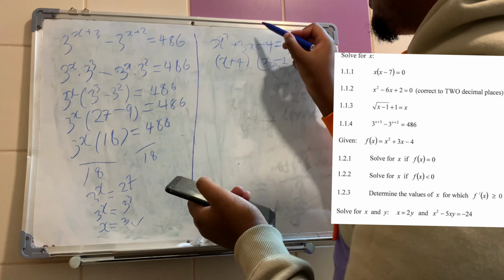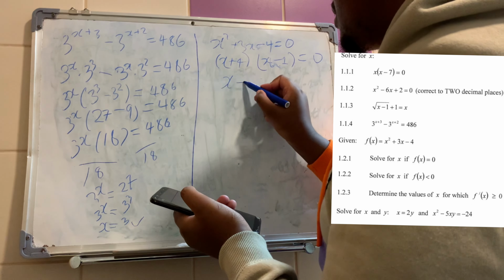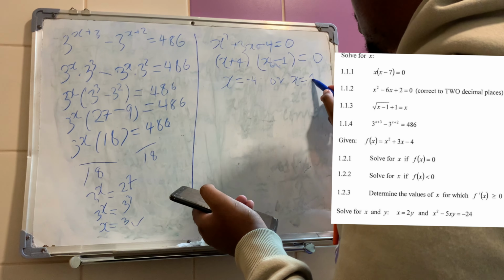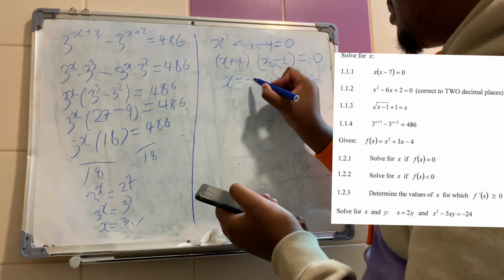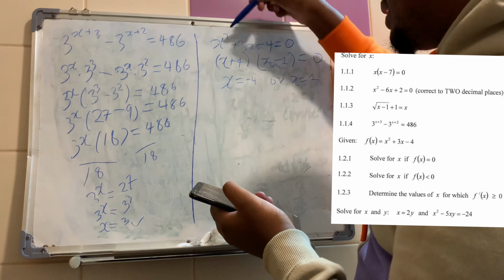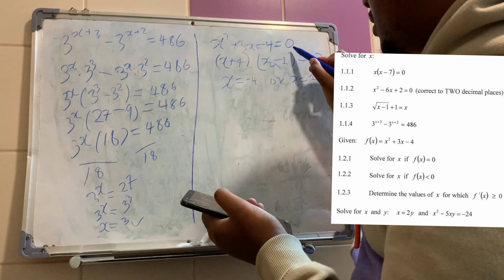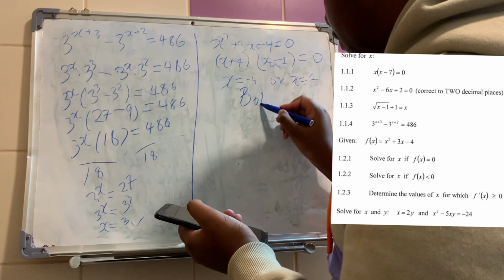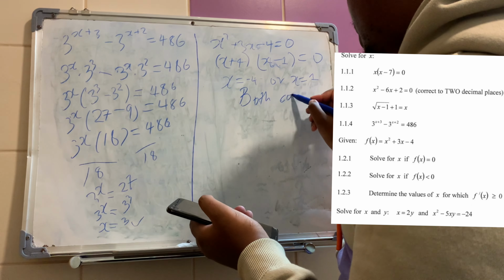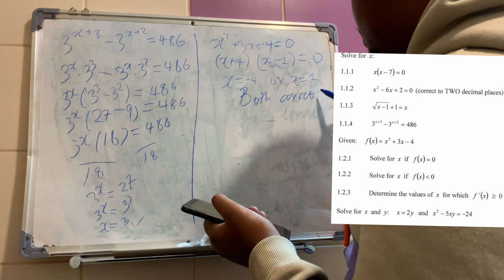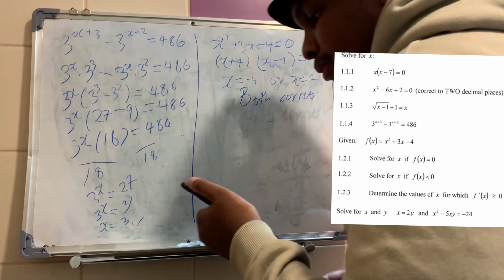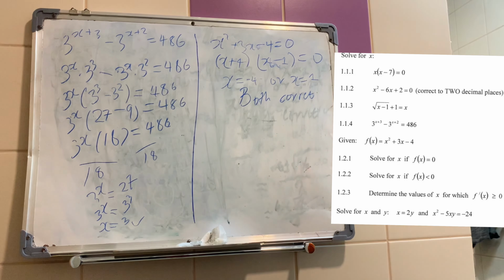Even if you interchange them, it's going to give you the same. Then x is equal to minus 4, or x is equal to 1. Then if you equate them, it's going to give you 0, so both of them are correct. Moving to another one. Let me clean this.